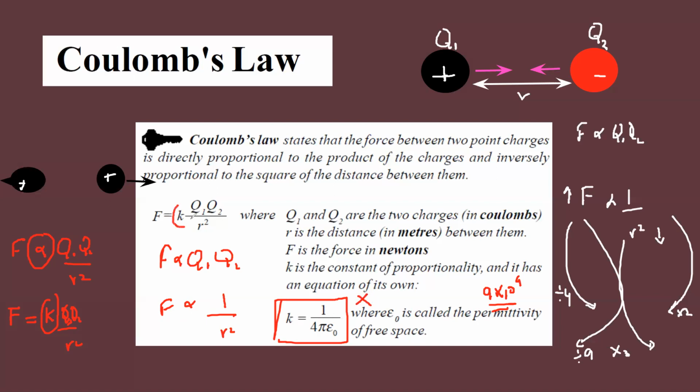Just remember the value of K is 9 × 10^9. And what it shows is that the force between the charges is directly proportional to the product of the charges and inversely proportional to the square of the distance between the two charges. Is it clear? This is known as Coulomb's law. Yes, sir, clear. Okay, copy the statement for Coulomb's law.